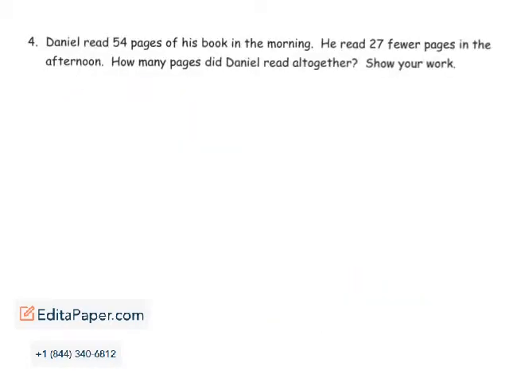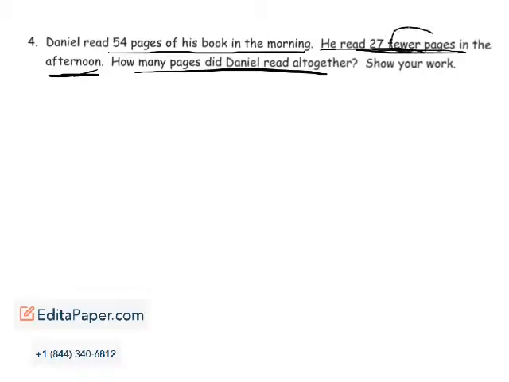And the last problem for this video: Daniel read 54 pages of his book in the morning. He read 27 fewer pages in the afternoon. How many pages did Daniel read altogether? So when we start, the word fewer means we're going to be comparing. We're going to compare the morning with the afternoon.